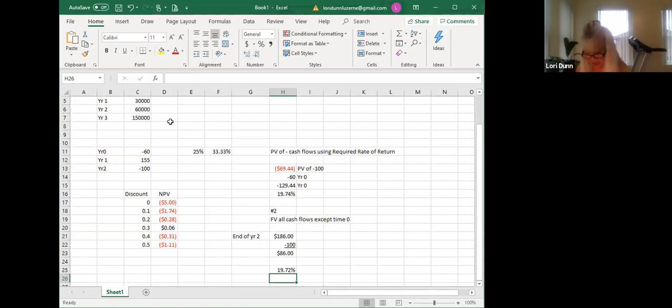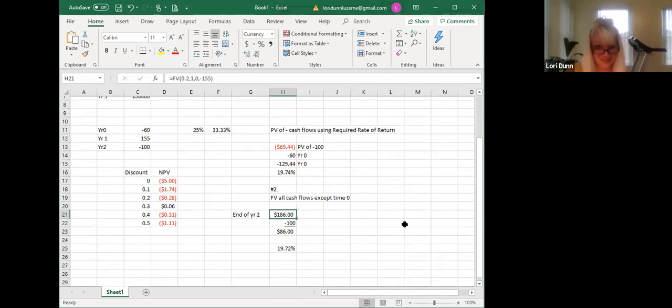The last approach is on page 296, and it says, now this is a combo. What it does is it discounts the negative cash flows back to present value, and it takes the positive cash flows and takes them into the future. So we're going to do that.